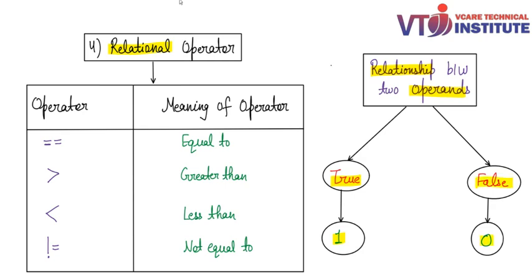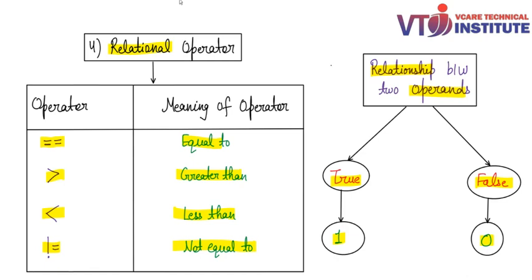The relationships are: equal to, greater than, less than, and not equal to. If the two variables are equal, it returns true, and for not equal to, it returns false.